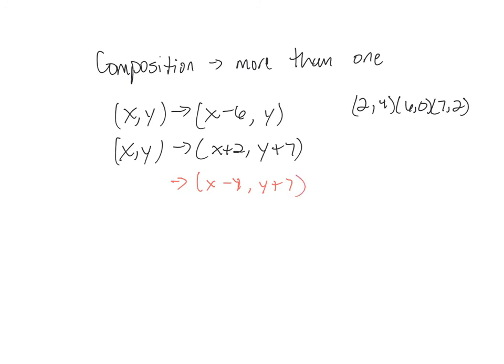So you can combine it into one translation rule. So (2, 4), (6, 0), and (7, 2).